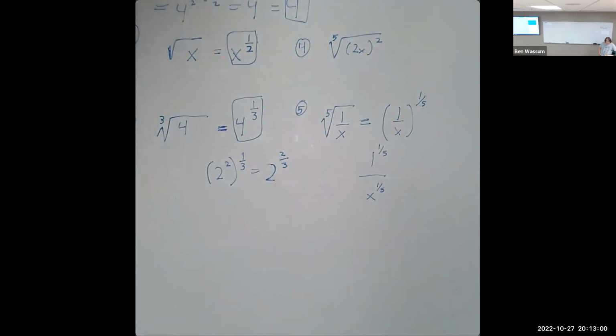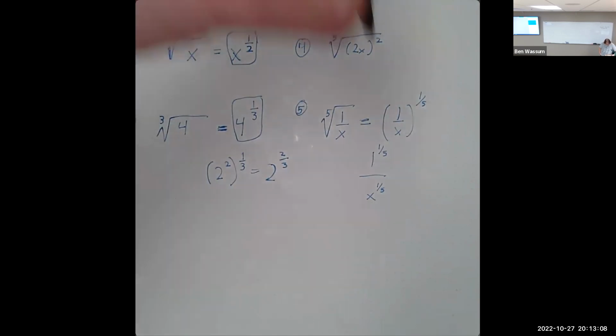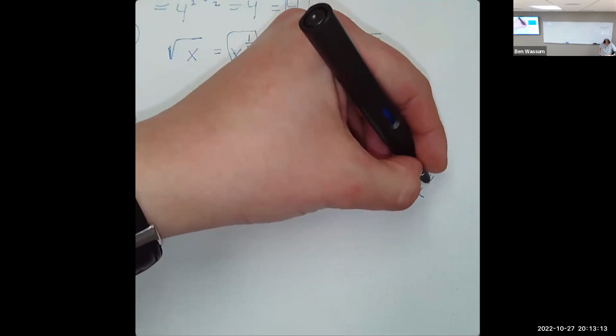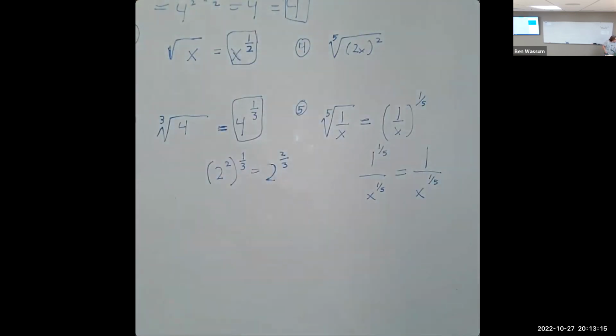What's 1 to the 1/5? What's 1 to anything? What's 1 multiplied by itself however many times? It's always going to be a 1, right? That's about as nice as I can make that.